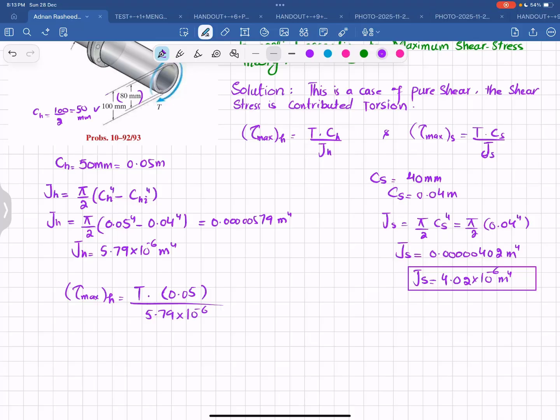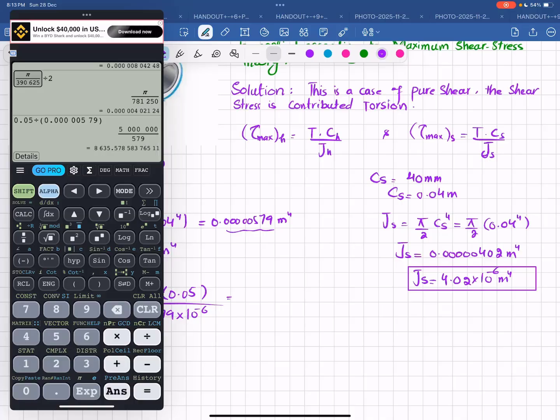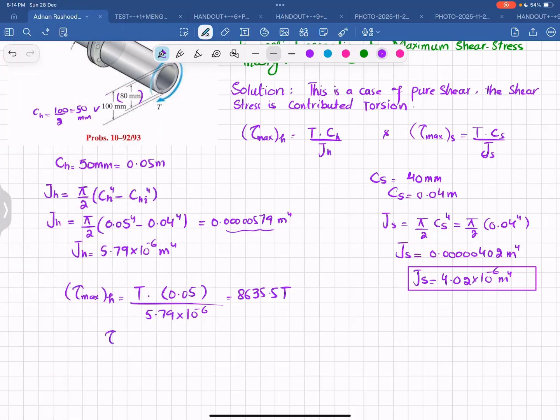So 0.05 divided by 0.00000579, and you can see we will have 8635.5 times T. Okay, so maximum shear stress in hollow segment or hollow shaft is 8635.5 times T.